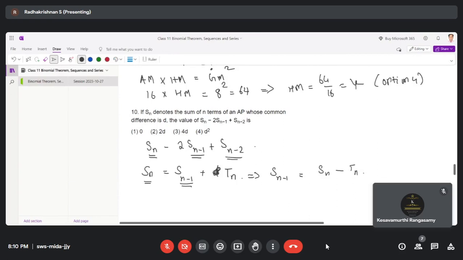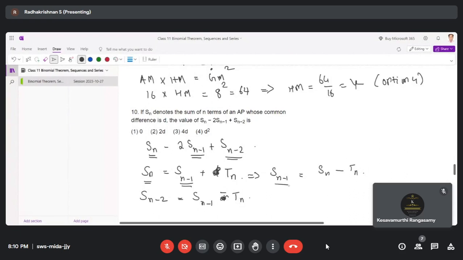Now let's see. Same logic we can use. Sn minus 1 will be equal to Sn minus 2 plus Tn, and also I am writing Sn minus 2 equal to Sn minus 1 minus Tn.